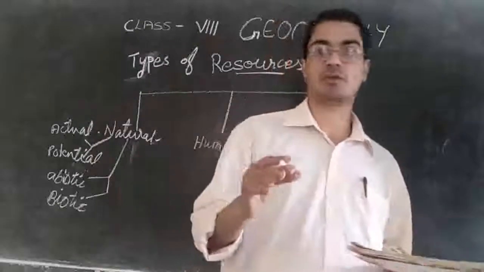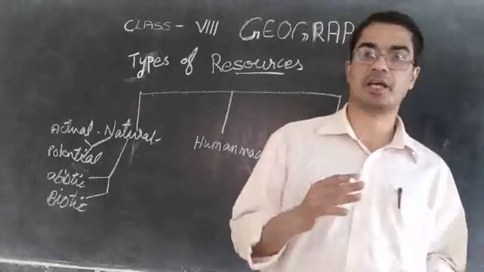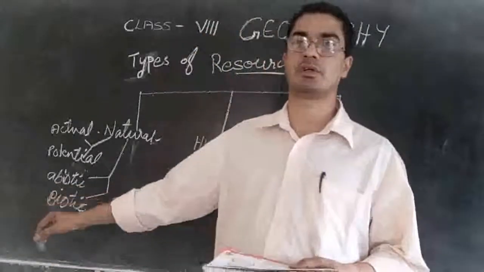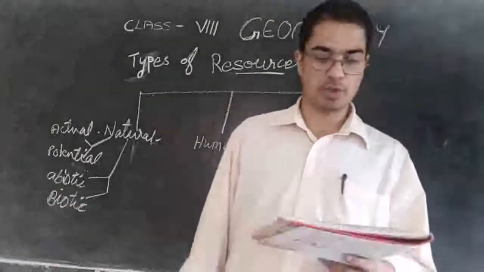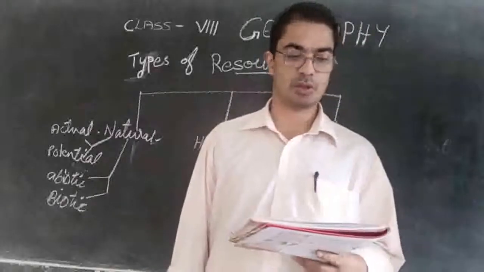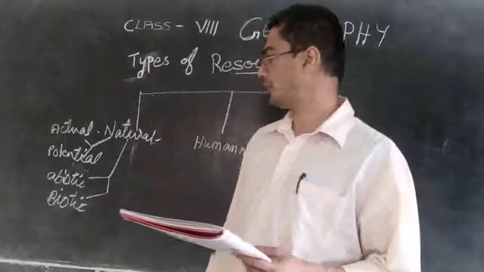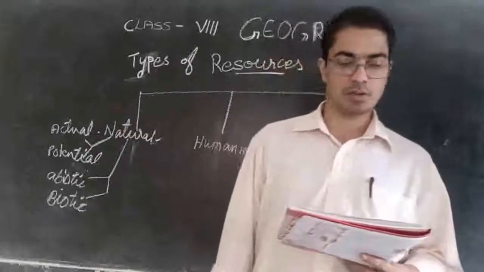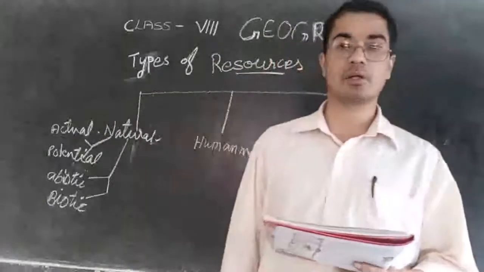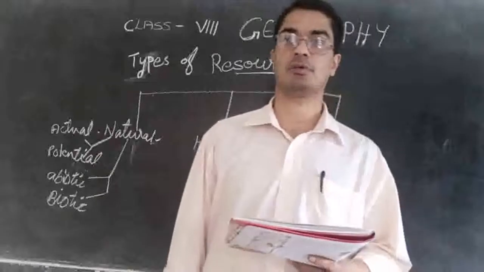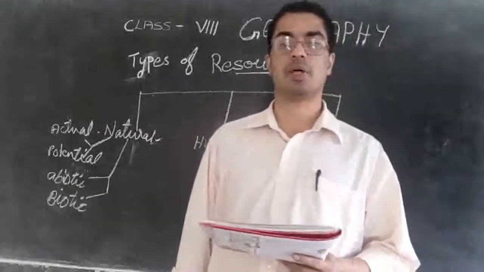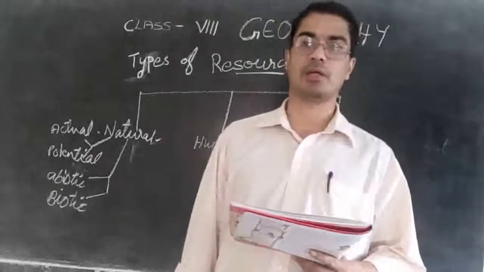In nature we will find things that are alive and things that are not alive. Abiotic means not alive. Abiotic resources are non-living, while biotic resources are living.